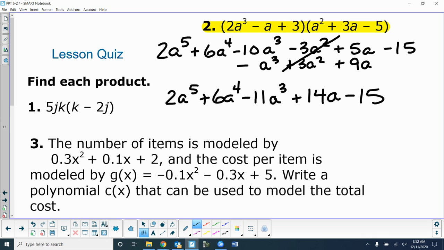45. This one has not really a good order either. 45 is 5x cubed y plus x squared y minus 9xy plus 10x cubed plus 2x squared minus 18x. 48 actually has a good order.